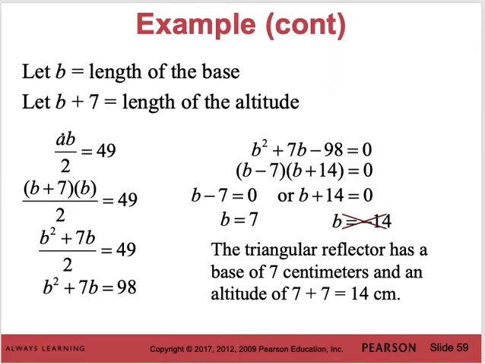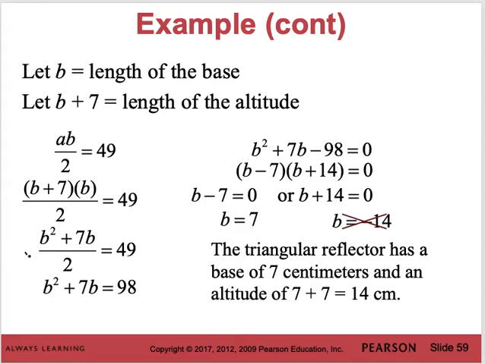So we said base times height, but our height is B plus 7 times B. Well, we can distribute that out and get B squared plus 7B over 2 equals 49.